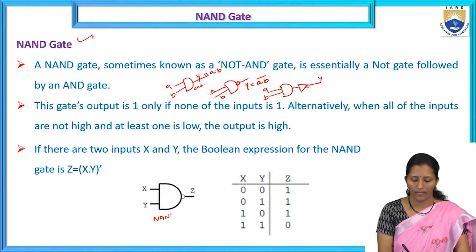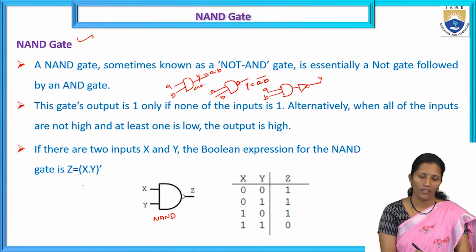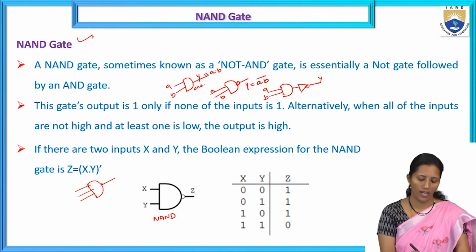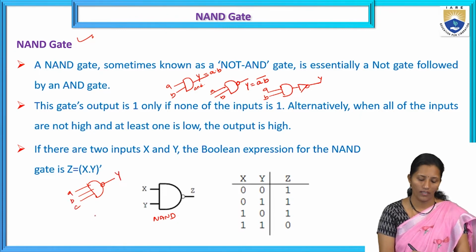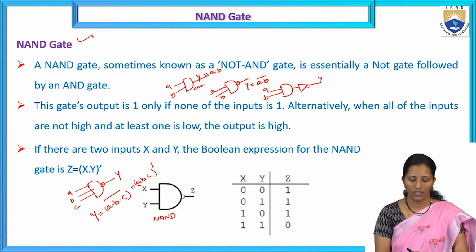The inputs to the NAND gate can be two or more, but we have only one output. Suppose A, B, C are inputs and Y is output. We can write this as A into B into C whole bar. So this is a basic NAND gate symbol.